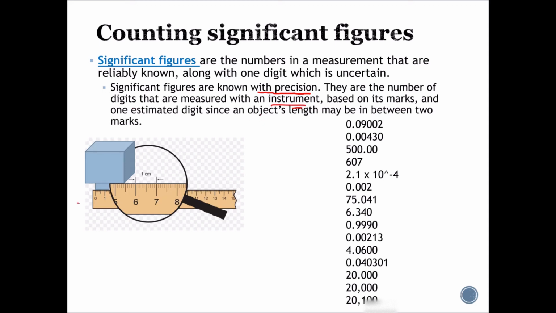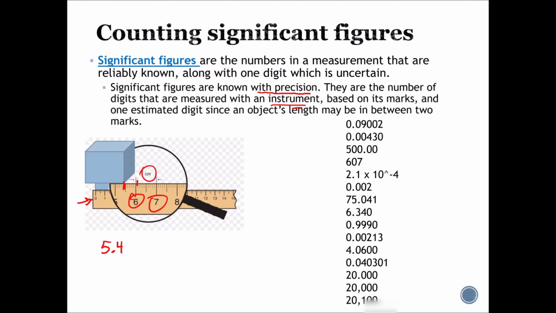So here I have a metric ruler, and the marks go not only to the nearest centimeter, but to the nearest millimeter as well. So this block, for example, could be measured at 5.4 centimeters, but it is kind of in between 5.4 and 5.5.